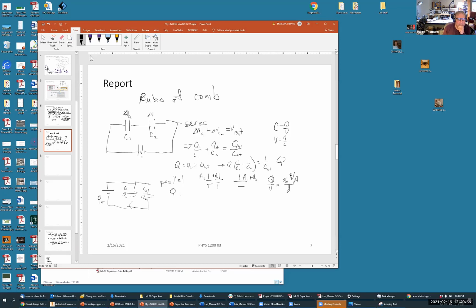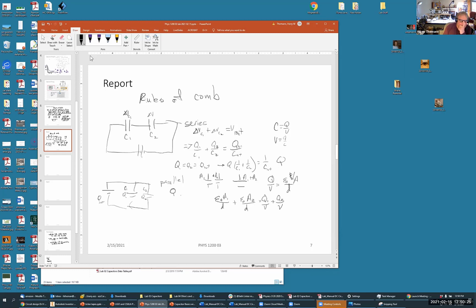If we have epsilon 0 A1 over D, the same D because it's the same V, plus epsilon 0 A2 over D, it's also going to equal Q1 over V plus Q2 over V. I didn't do this last time, I just thought of it. So everybody is the same.